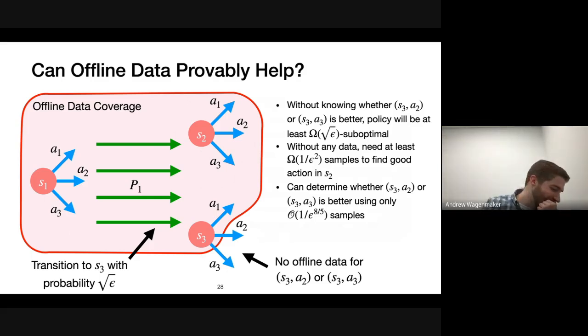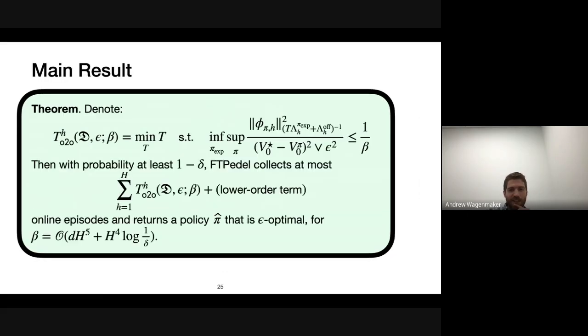Yeah, so the reason it's 1 over epsilon to the 8/5, intuitively you might actually think there's maybe O of 1 samples to solve S3. The reason it's 1 over epsilon to the 8/5 is, I didn't explicitly put this in the theorem, but we have this main leading order term and a lower order term, and this lower order term scales with 1 over epsilon to the 8/5. I'll explain in a bit where this comes from.